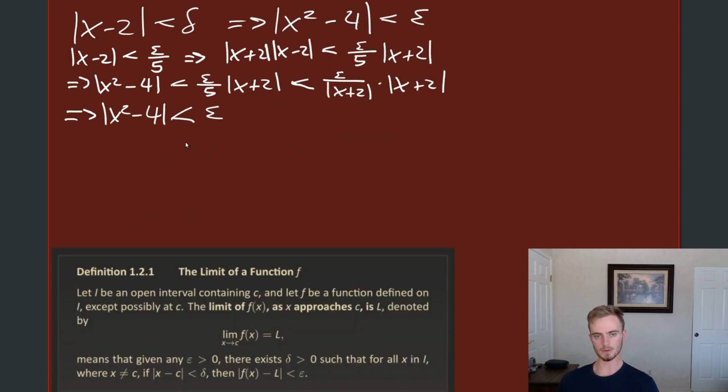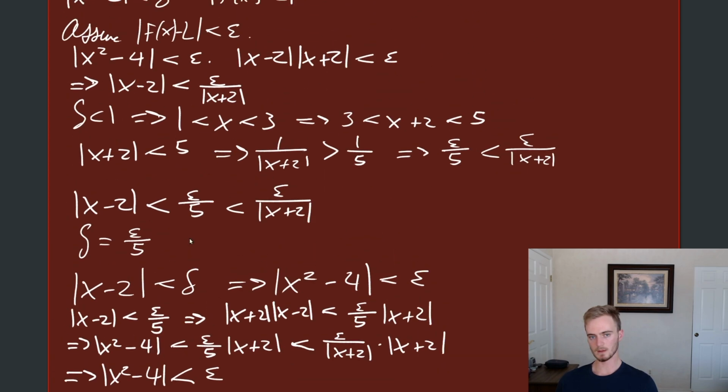So, to review, we want to prove this implication that the bound on delta implies the bound on epsilon. And that's exactly what we did. The first step we did was we took the assumption that the bound on the function is less than epsilon. We plugged that in and we worked backwards.